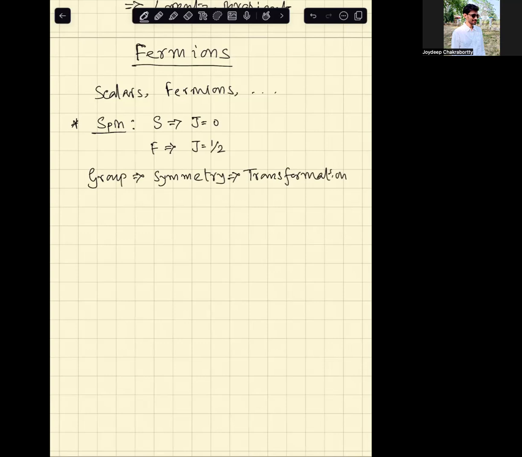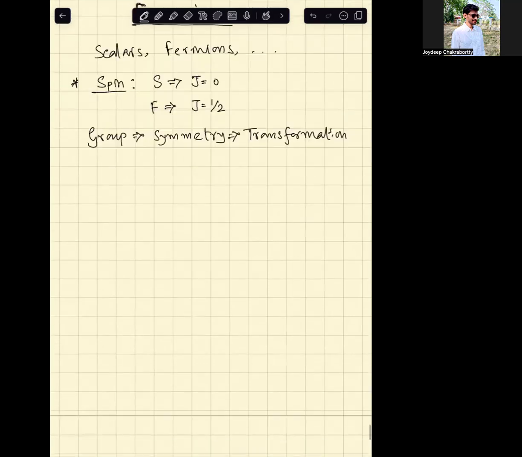Now, when I'm saying scalars or fermions, that means with respect to some kind of transformation property, and that particular transformation property is dictated by the Lorentz transformations. Based on how a field transforms under this Lorentz transformation, that tells you whether that object transforms like a scalar, a spin half, a vector or some other higher spin.